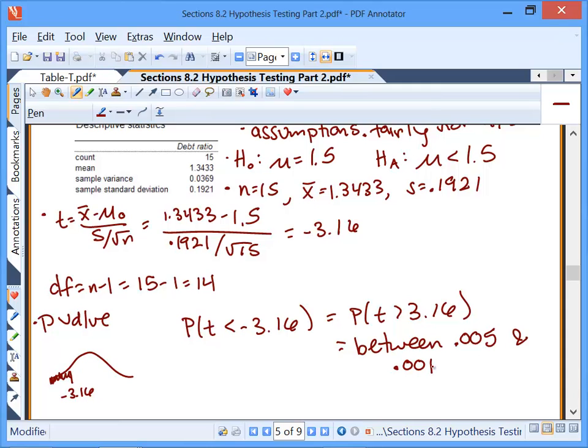So the best I can say is that my p-value is between 0.005 and 0.001. That's the best you can do without getting out an applet. You can search online for a t-calculator, or use your calculator to find t-probabilities, but this is the best you can do using the table.